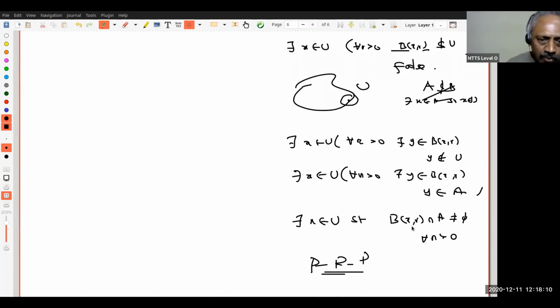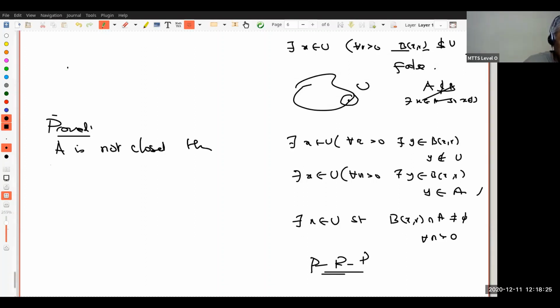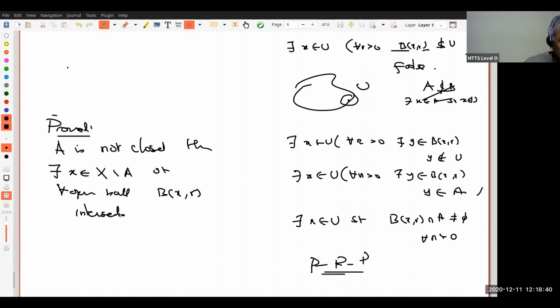Okay, it's quite a mouthful. Let me formulate. Please think over this. So what you have proved is this. If A is not closed, then there exists an element x not in A, so that every open ball B(x,r) centered at x intersects A. That is, every open ball intersection A is not empty.